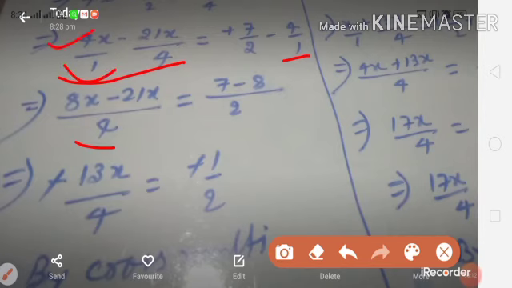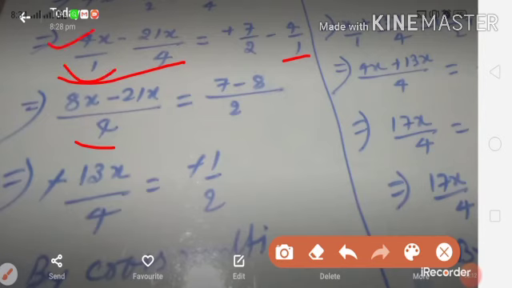We find minus 21x. Now do the same process, LCM 2, divide by 2 we find 1, 1 7 is 7, minus 7.